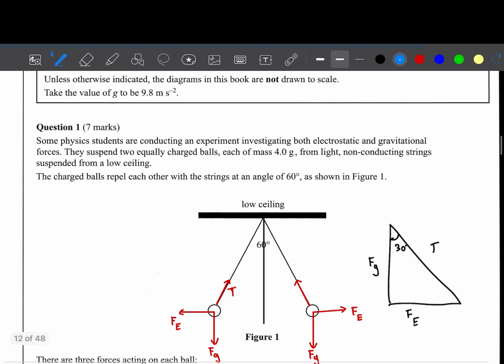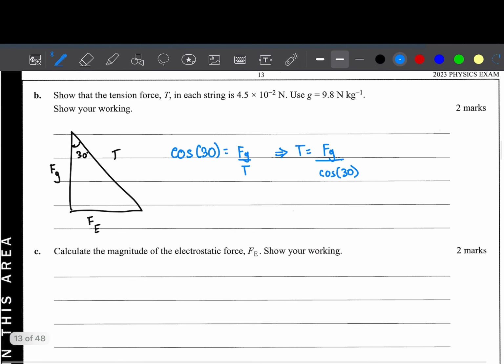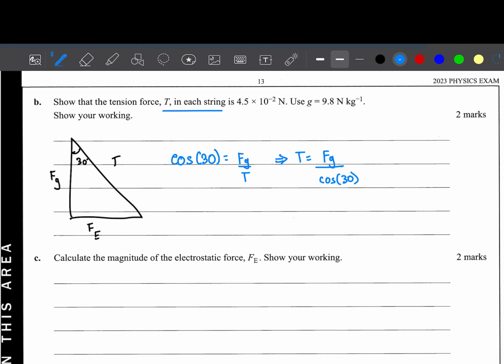Now what was the mass of the ball? 4 grams. Because they said tension in each string, we just take 4 grams, which is 4 times 10 to the power of -3 kilograms times 9.8 divided by cosine of 30.